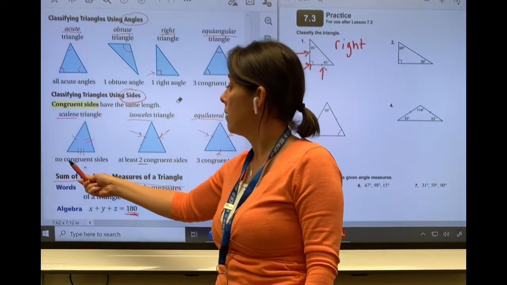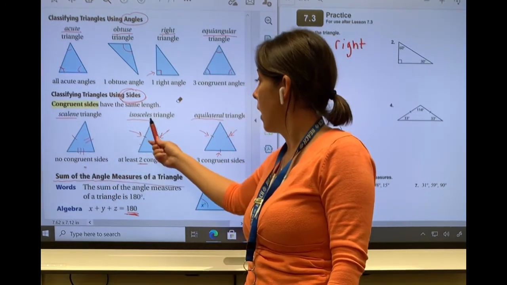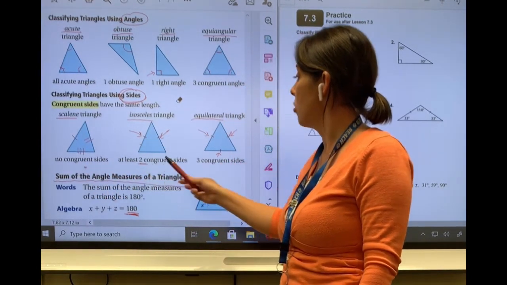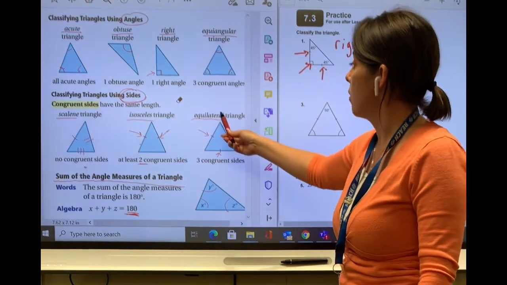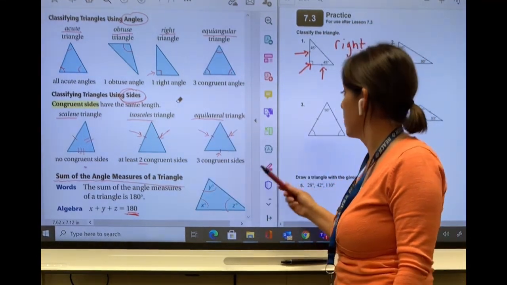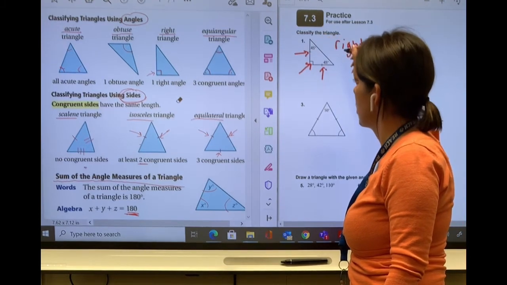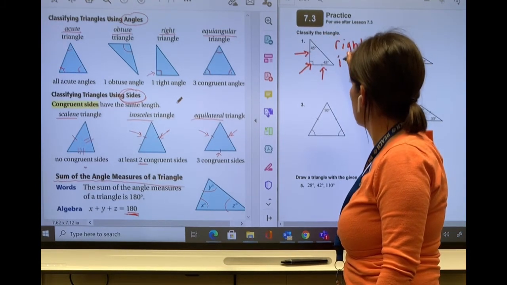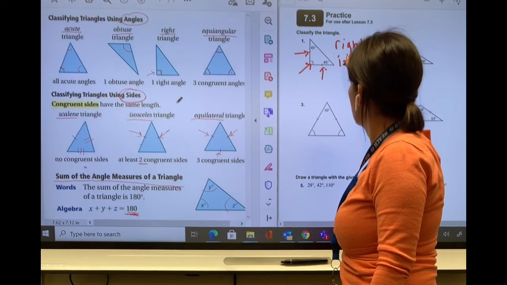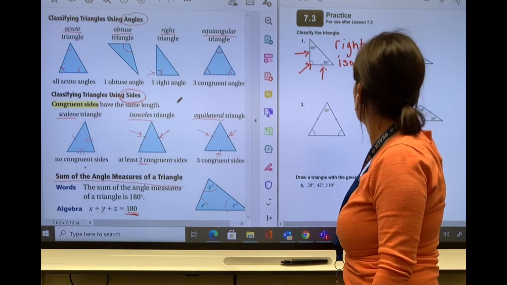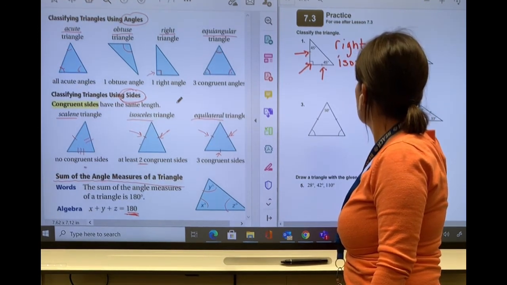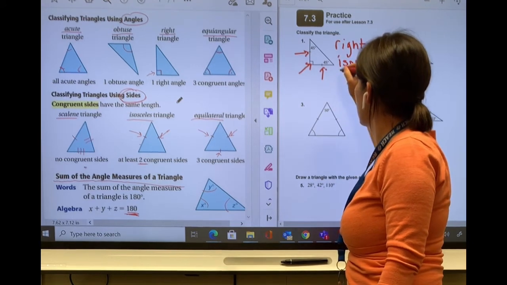So scalene says none of the sides are the same. Isosceles is at least two of the sides are the same. And equilateral is all three sides are the same. Since this one is just those two sides, I'm going to say it's a right isosceles triangle.